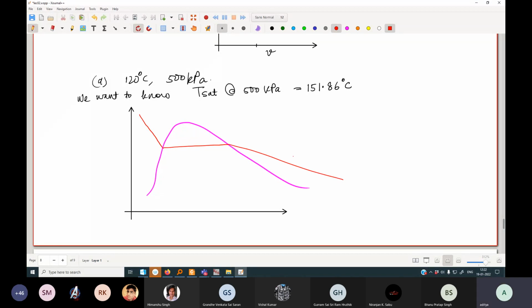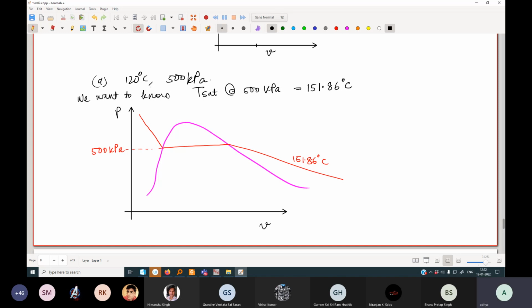So this isotherm is 151.86 degrees Celsius, and this is 500 kilopascal. This is P and this is V.